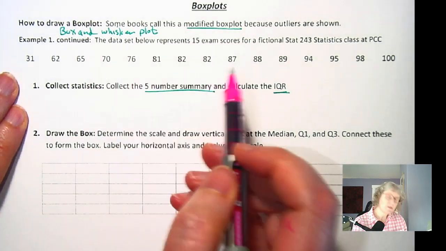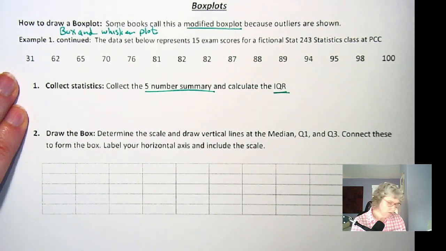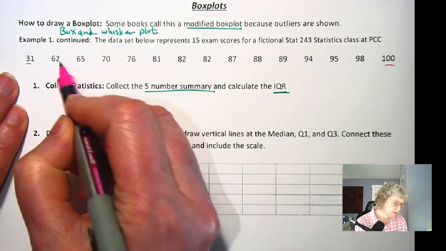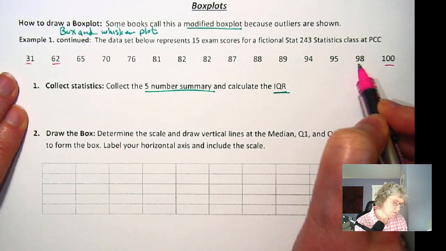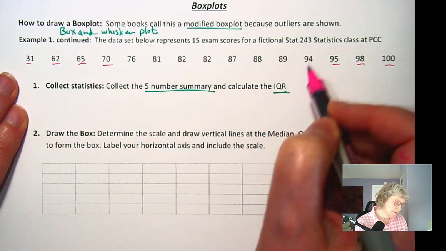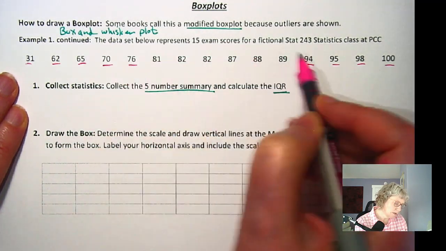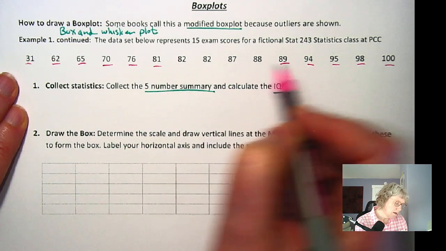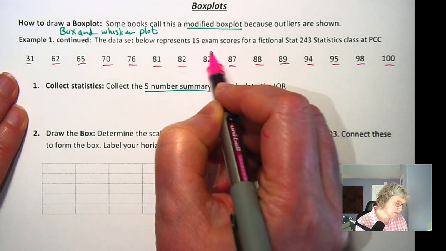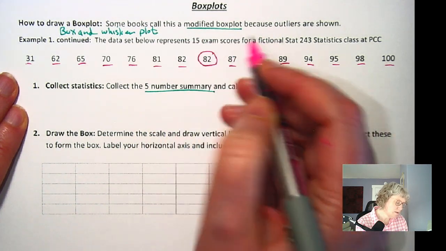So we need to start with our median. That's the very middle. So I'm going to go first and last, then the next to first, next to last. I keep going, working my way inside until I get to the middle so I can see how many are in the middle. Okay, we've got 1 in the middle. So we have an odd number, so that makes sense.